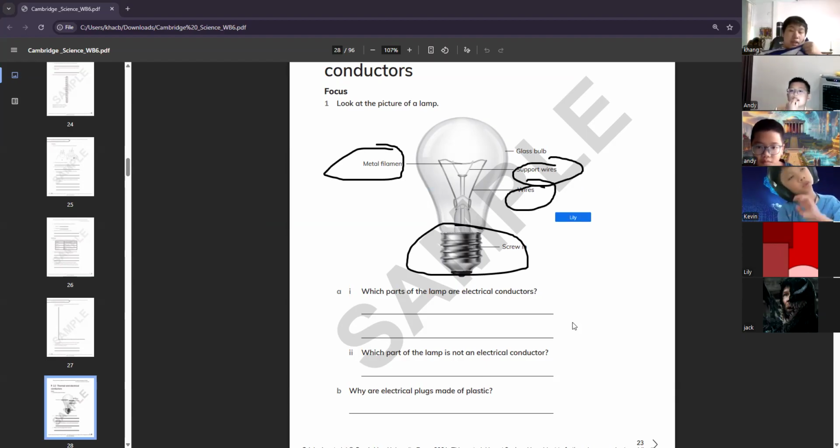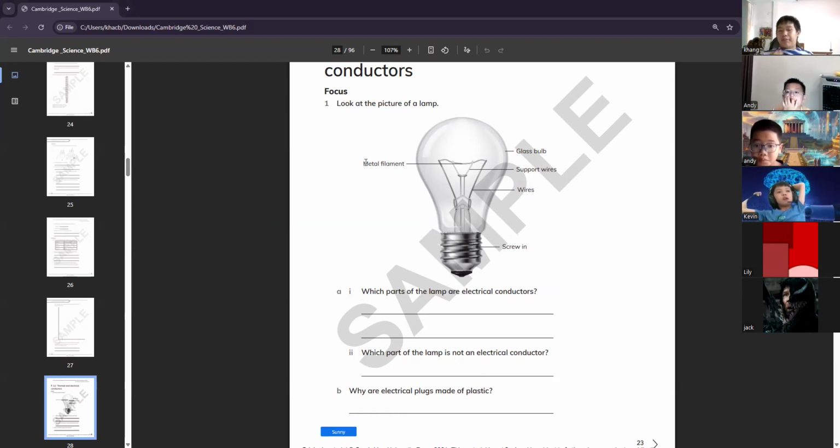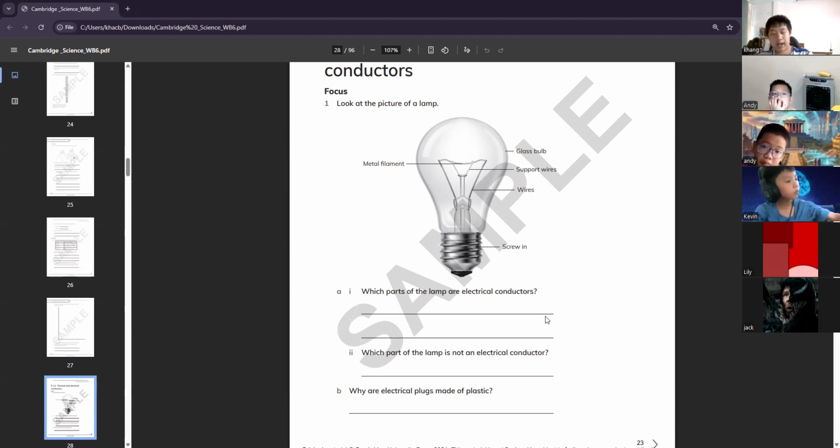Yes, those parts are definitely electrical conductors because they're mostly made of metal.